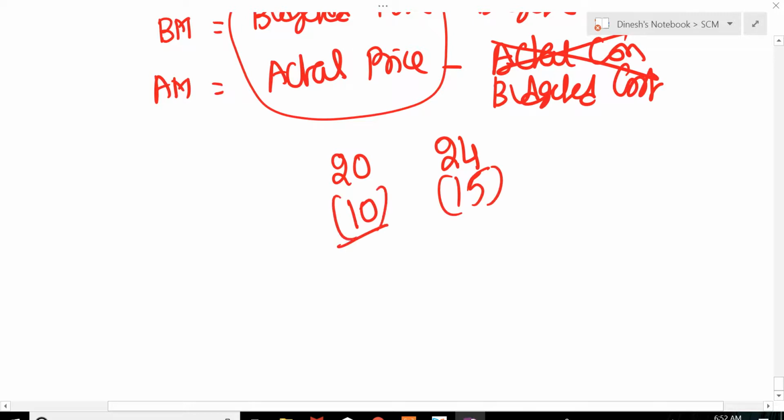So your budgeted margin is 10 and this is 9. Now we may conclude saying that sales is not doing good, or there is some problem with the sales team, if I go by variance analysis. So what variance says is AM is equal to actual price minus budgeted cost. You will have to subtract budgeted cost.